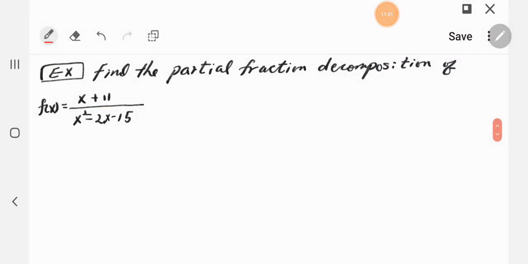Okay, example 1. Find the partial fraction decomposition of this function. Okay, this function is a fraction. So in order to rewrite this function in partial fraction decomposition, we have to factor the denominator completely. Factor the denominator.